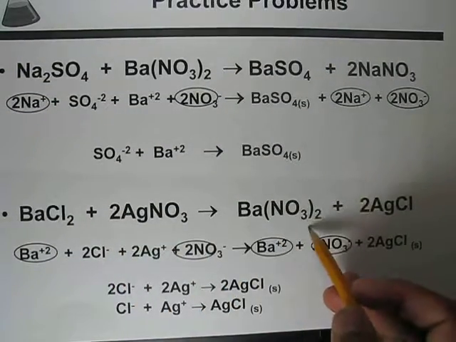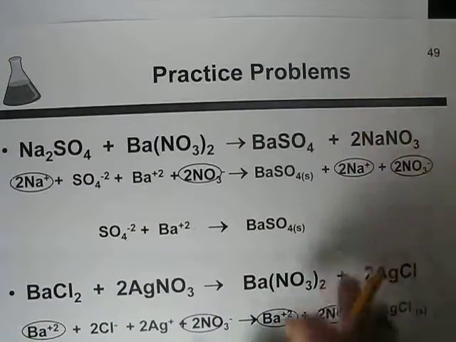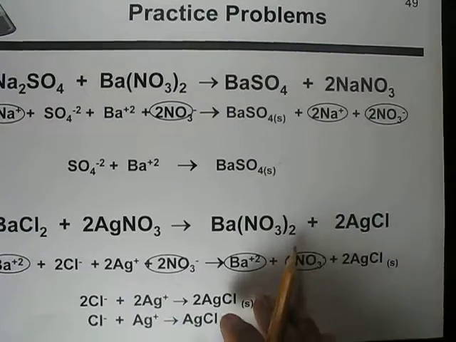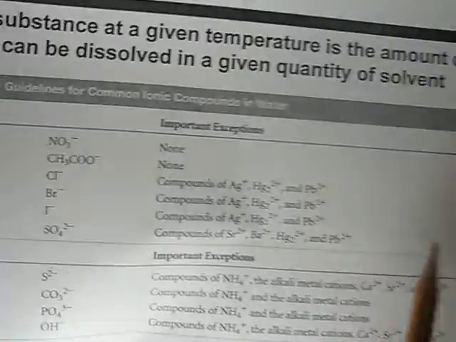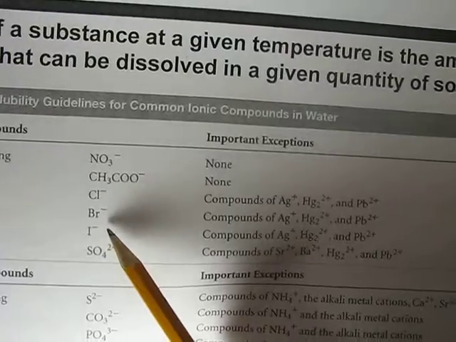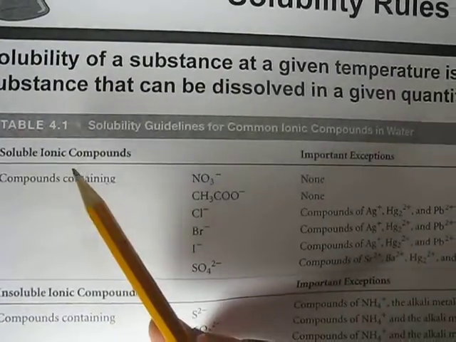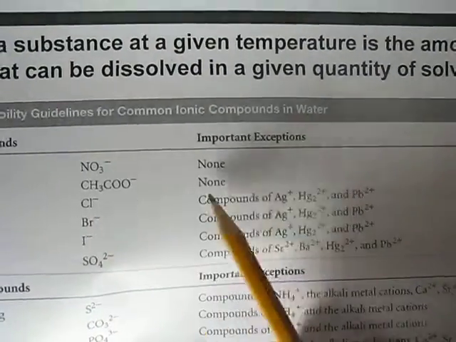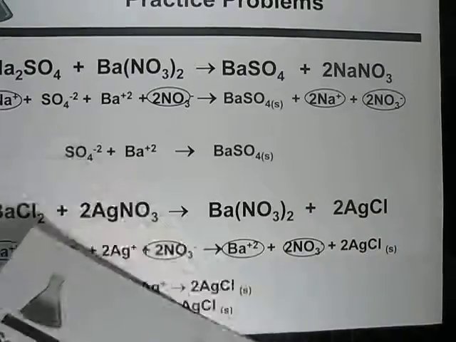On the product side only one dissolves and one does not. Reviewing this table, in soluble ionic compounds, silver, mercury and lead chlorides are exceptions, so they will not dissolve.